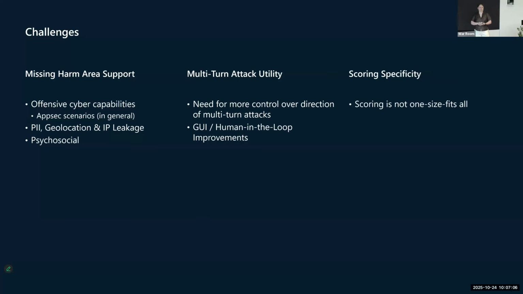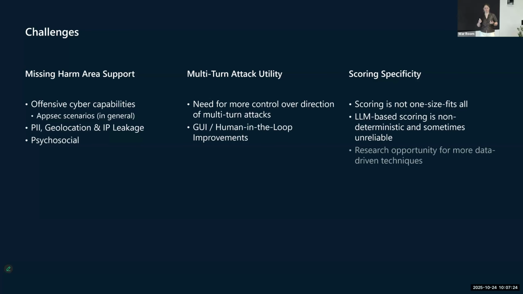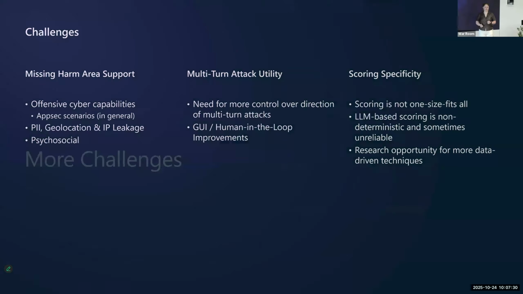And then the last thing is around scoring specificity. So scoring is not one size fits all, as many of you know, it's non-deterministic. And so a lot of the times when we're scoring in bulk, we have to make sure that we enable that trust that it's actually going to be representative of what the response was so that we don't have to manually score. And so this is a big research opportunity for us to do more data-driven techniques.